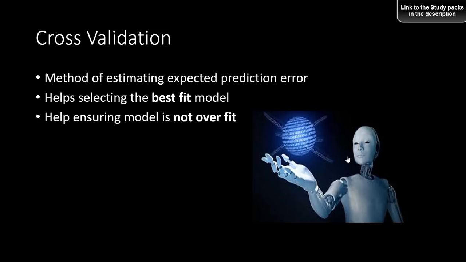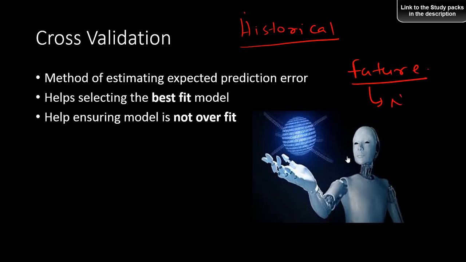When you build a model on historical data, the data that we have already seen, the model is going to be used on future data, the data that we haven't seen yet. So it's important to know if the model is going to do well on the not seen data, or data that is going to come in future.